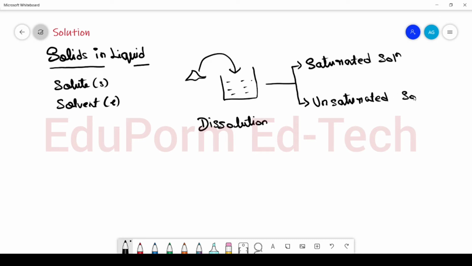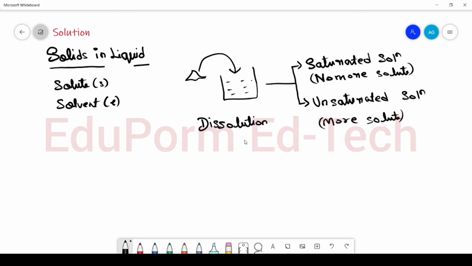Saturated solutions are those in which no more solute can be added at given temperature and pressure. Whereas unsaturated solutions are those in which more solute can be added at given temperature, pressure and concentration of solvent.